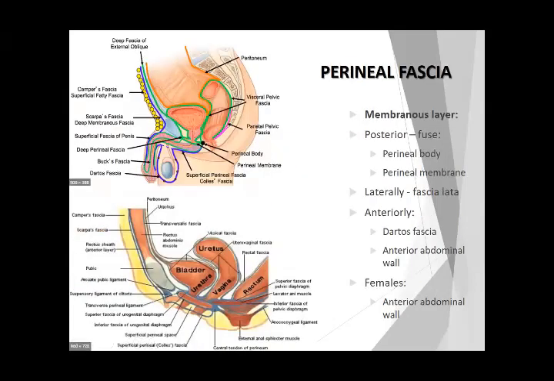In females also, look here, this is the fatty layer or Camper's layer of anterior abdominal wall. Anteriorly, it continues as the dartos fascia, covers the external genitalia, and then it continues superiorly as the membranous layer of the anterior abdominal wall.